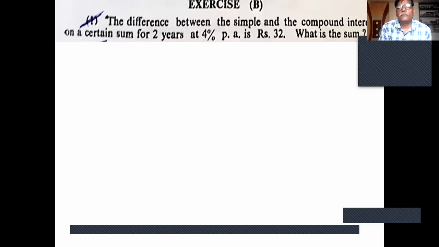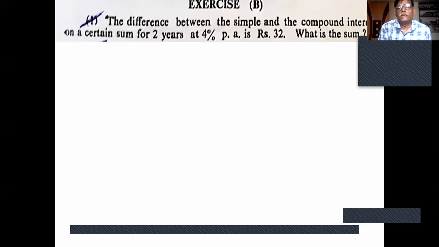In the exercise number 1, they say the difference between simple and compound interest. If you calculate simple interest and compound interest on a certain sum, means on a principal, for 2 years at 4% per annum, that difference is rupees 32.